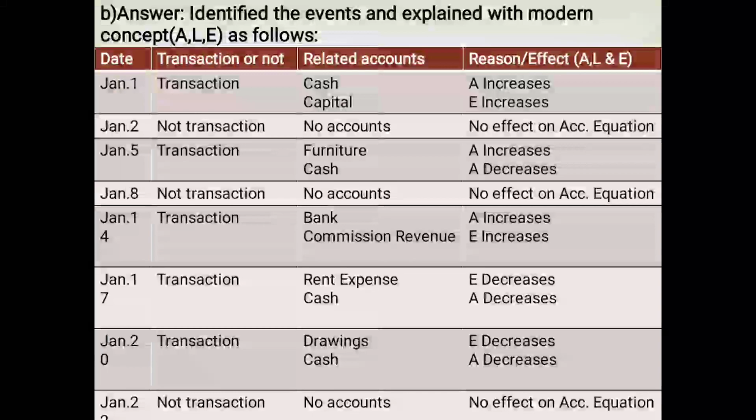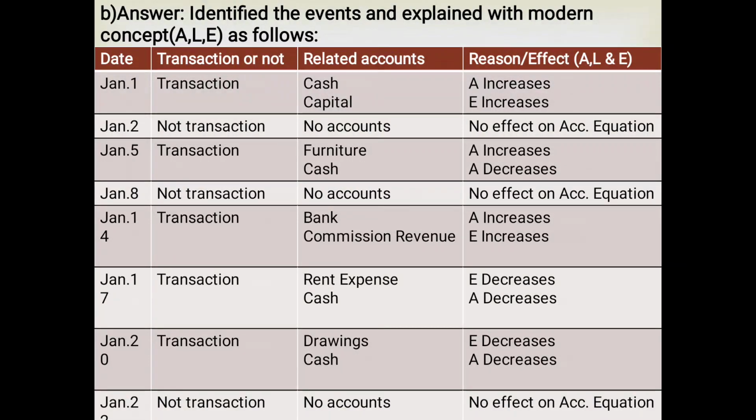And cash has gone from the business, so asset decreases for this reason. January 8, it is not a transaction. And related accounts, of course no accounts in this event. And also no effect on accounting equation for this event.